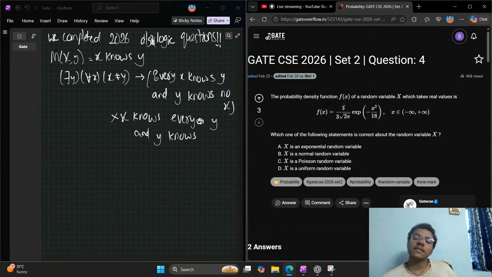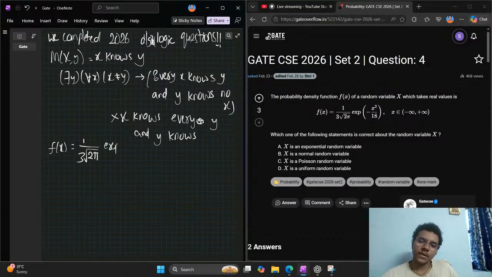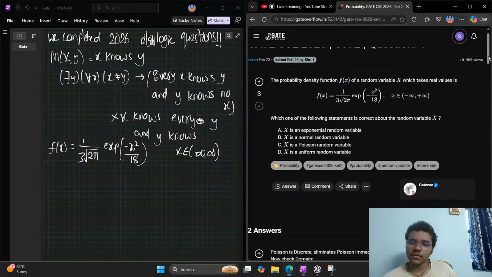The probability density function of a random variable with real values. It is a probability density function 1 by 3 root 2 pi exponent of minus x squared by 18. X values range from minus infinity to plus infinity. What to do about this question in the first place?